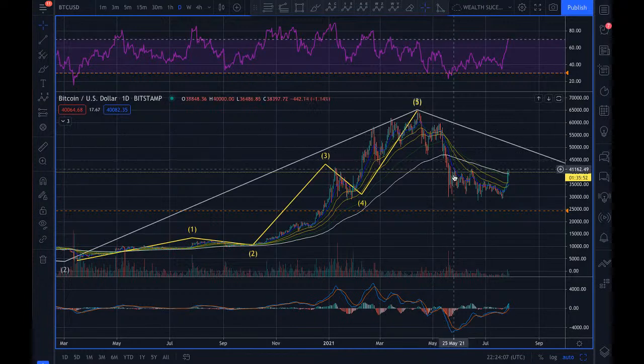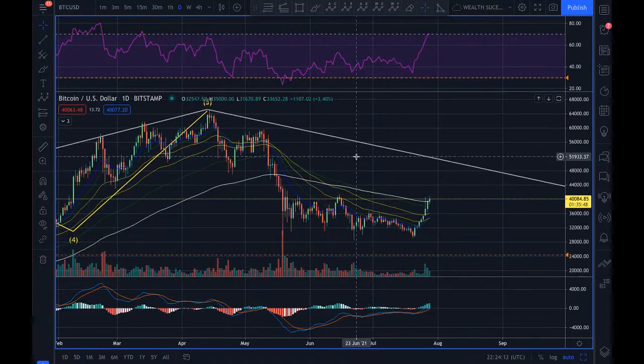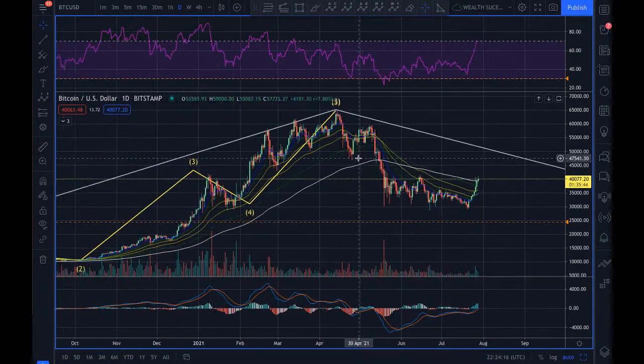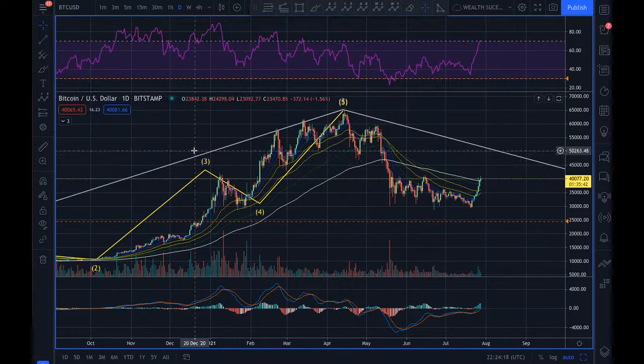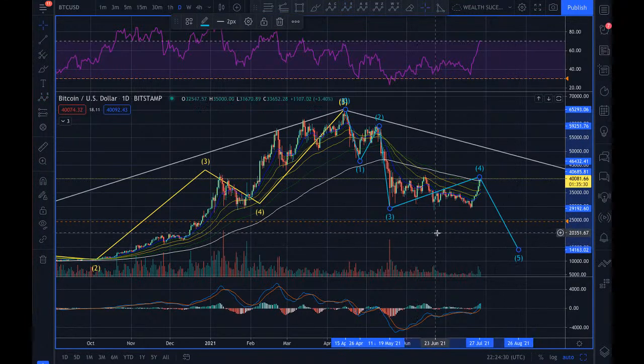1, 2, 3. Is it 1, 2, 3, 4, 5 coming down? Well, I don't think it'll go down that far.